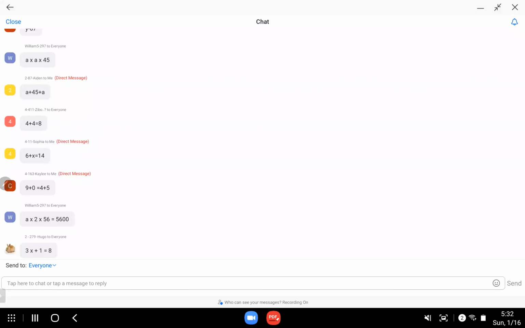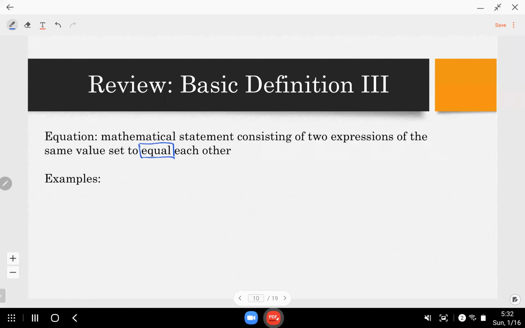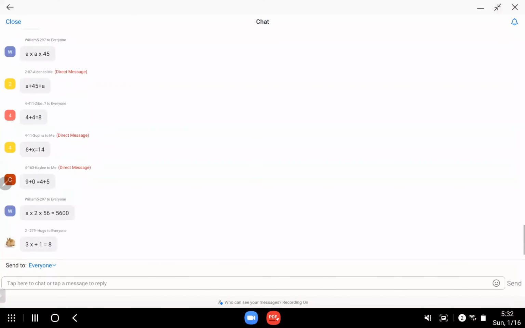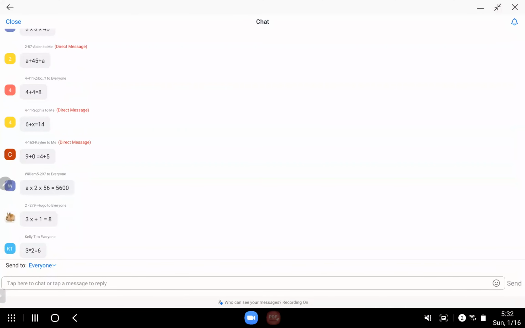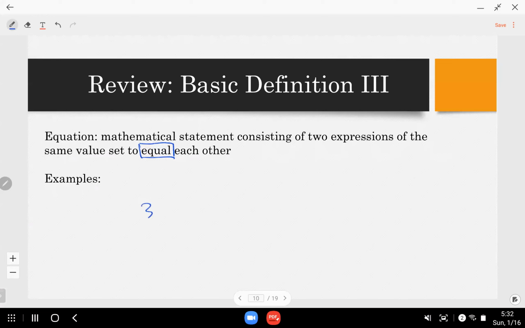Okay, I'm going to take Hugo's example here. 3x plus 1 is equal to 8. Very good. See, there's an equal sign here, okay? And when we get to linear equations, we need to find x because of this equal sign. So we can have all sorts of examples here.